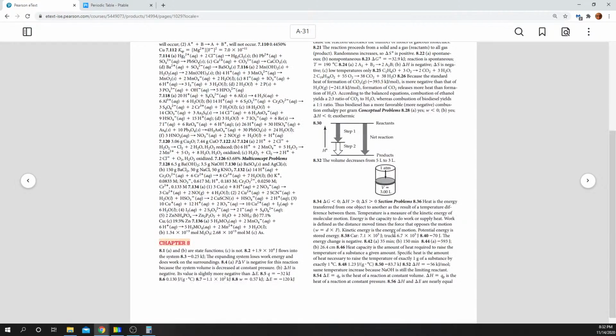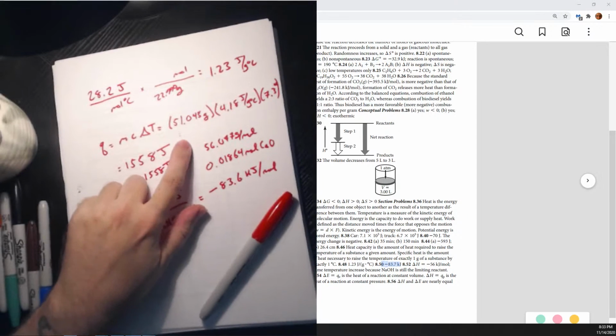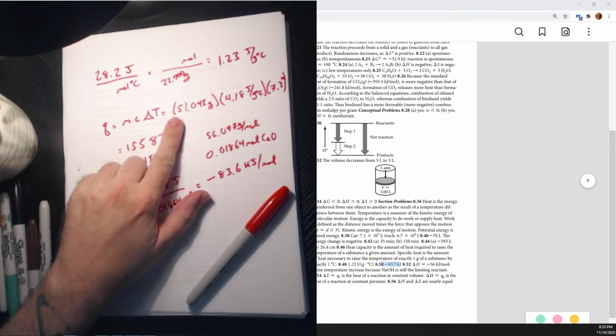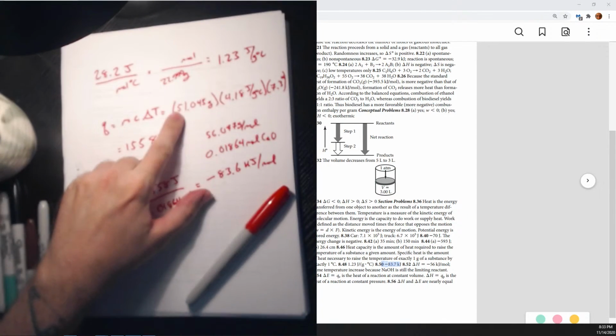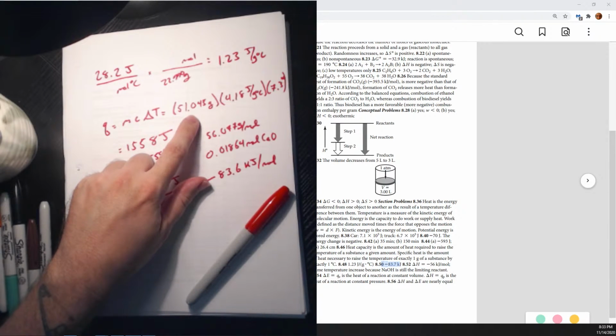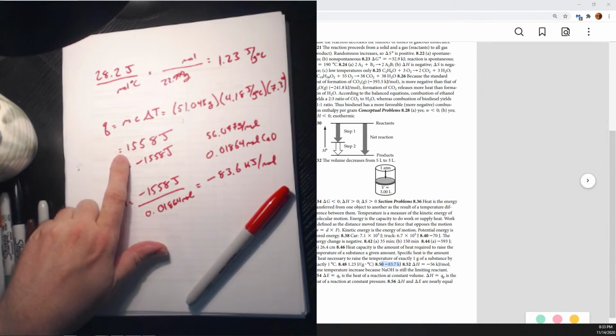Okay, so yep, 83.6. That's what they were looking for. So all of the assumptions that I had to just sort of cram in there that they didn't tell us to do were right. We were looking at 50 mils is equal to 50 grams of water. So the total mass of our solution was 51.045, the calcium oxide and the water together, which is how I got this heat of 1,558 joules.